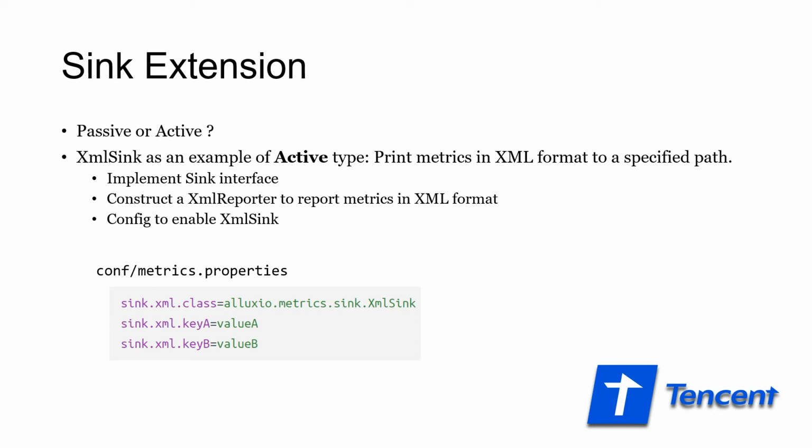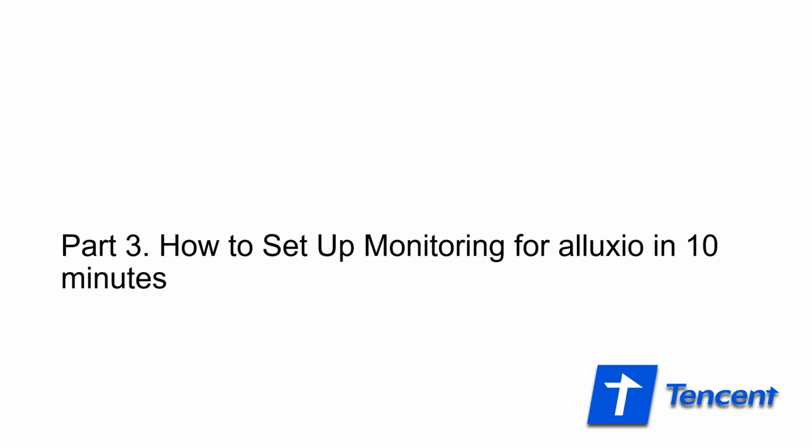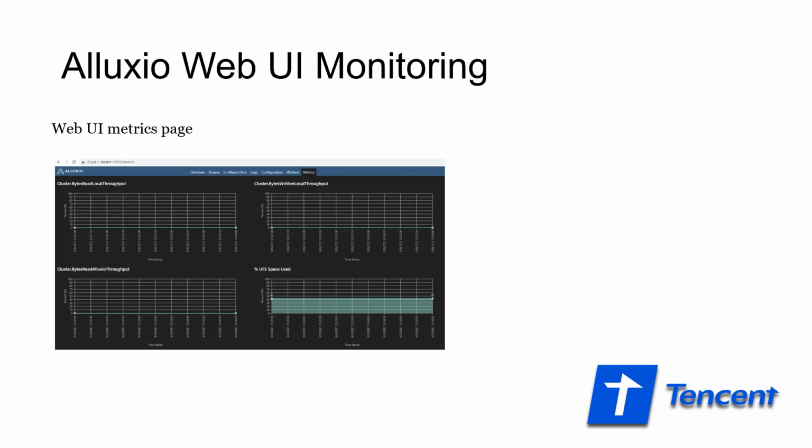Okay, then it's the last part, how to set up monitoring for Alluxio in 10 minutes. We can access the metrics tab of the Alluxio Web UI to monitor the state of the Alluxio cluster and get some key information of Alluxio. It's really convenient, but sometimes it doesn't work so well.